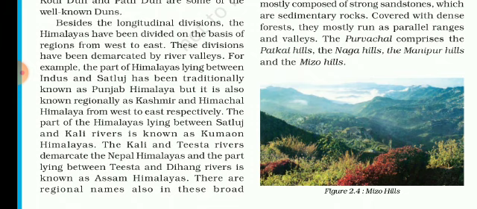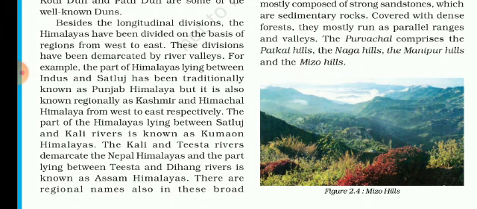In the west, the part of Himalayas lying between Indus and Satluj has been traditionally known as Punjab Himalayas, but it is also known regionally as Kashmir and Himachal Himalayas from west to east, respectively.